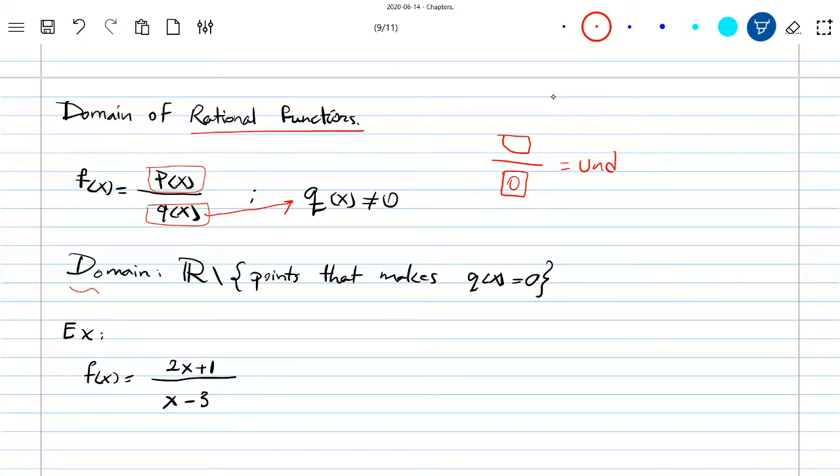If we want to find the domain, the x values that are possible are the ones that give you a value for y as well, the ones that do not give you undefined values. All real numbers are possible except the ones that make the denominator q of x equal to 0.